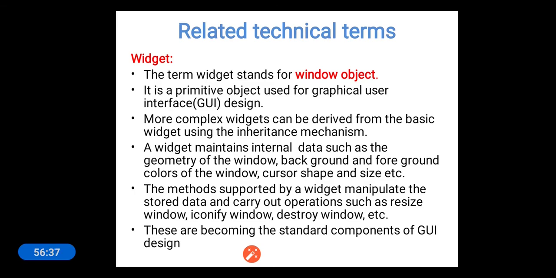All this can be the properties of that widget. The methods supported by a widget manipulate the stored data and carry out certain operations like resize window, iconify window, destroy window, etc. So these are becoming the standard components of GUI design.